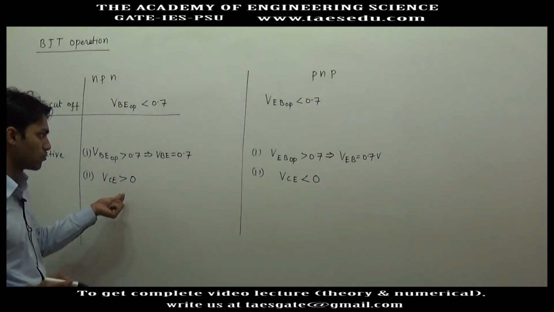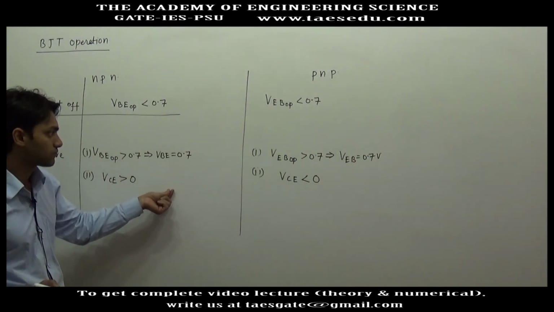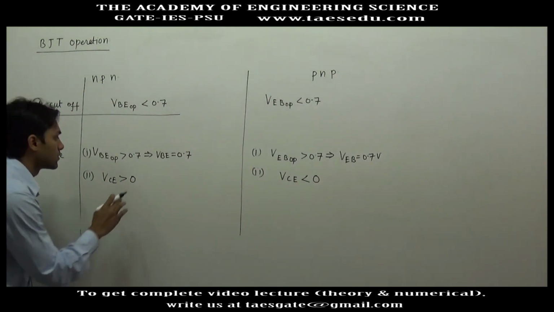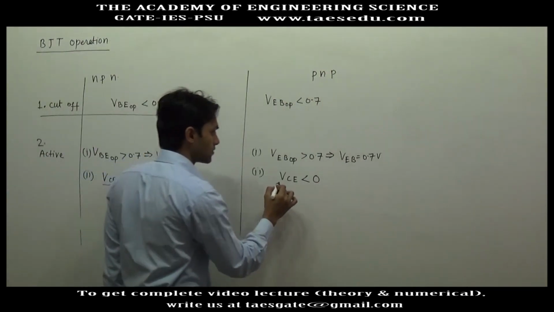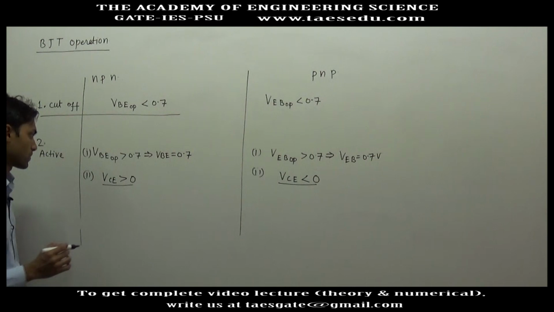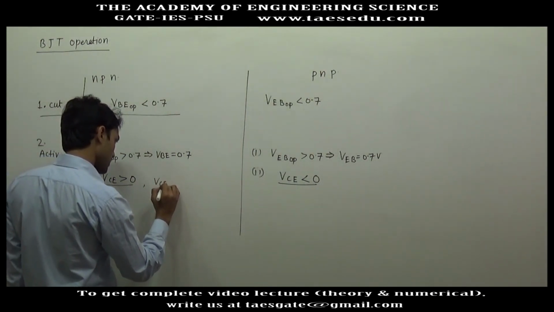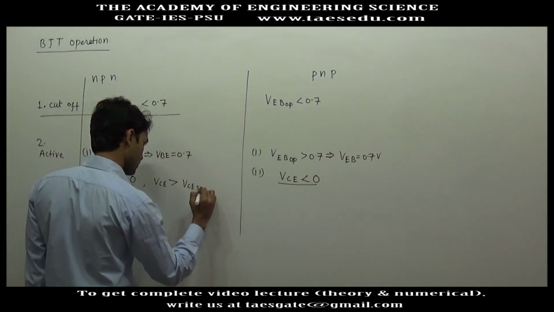I will add one more point which I have not discussed in case of active region. This is in ideal case, when the transistor has no internal resistance. If it has some internal resistance, VCE must be greater than VCE saturation.